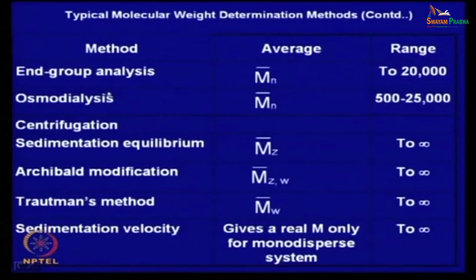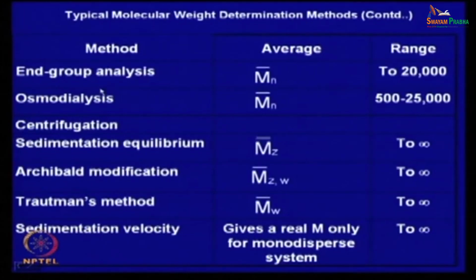Details of end group analysis can be found in the book of Professor P. Ghosh. In case of addition chain polymers, end group analysis methods can also be applicable provided initiators are functionalized. So, the initiator fragment remains attached to the end of a polymer chain. By counting the end groups, one can calculate the molecular weight.